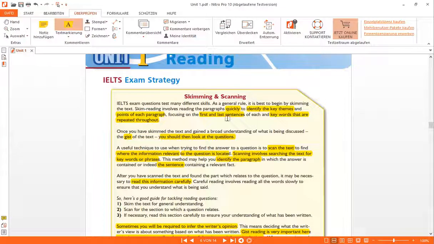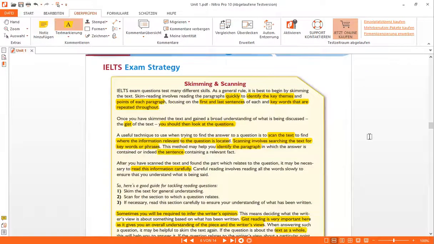And you will need to not just skim, you will need to be looking for keywords, and that is what is done by scanning. So take note of the stuff that I've highlighted here. It's very, very important. Skimming is to get the gist of the text, and when you scan, you're looking for specific information that is relevant to the question. So scanning involves searching the text for keywords or phrases.